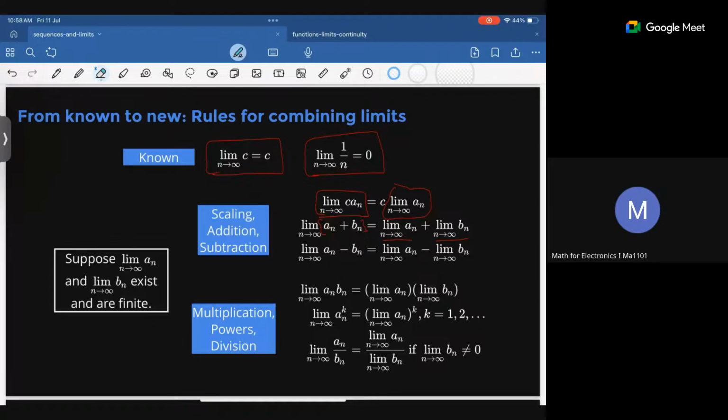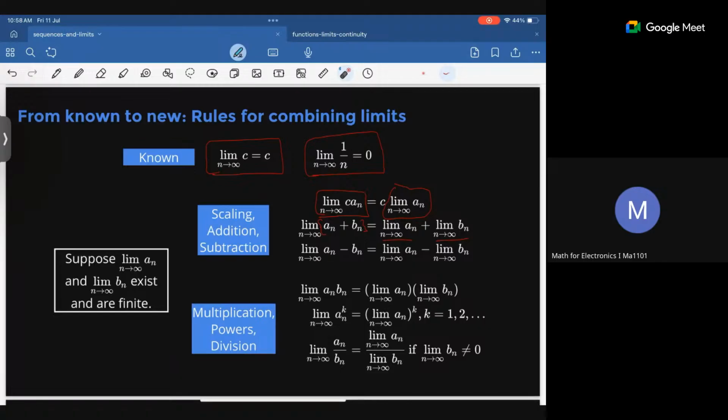Next, multiplication. When I take the product of the two sequence terms, an into bn, the limit will just become the product of the individual limits. When I take the power of each term, the limit will become the limit of the earlier sequence an, whole to the power k, and k can be any positive value.